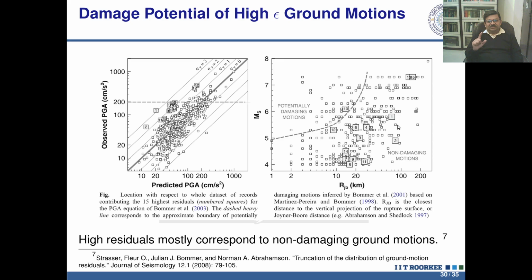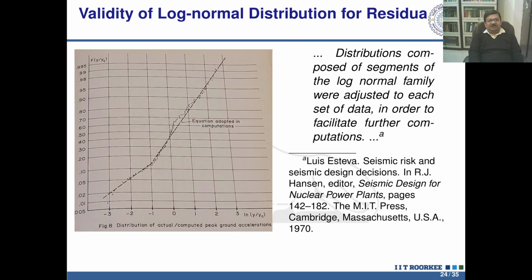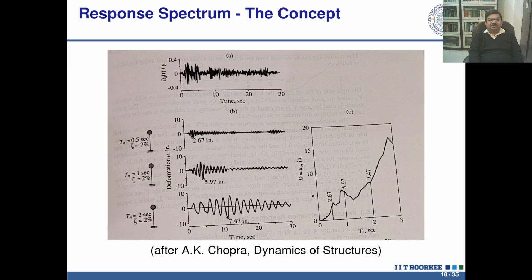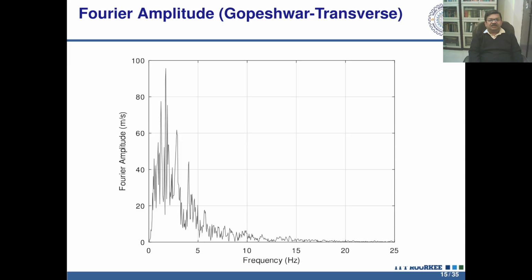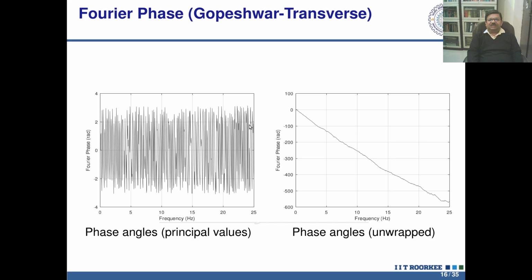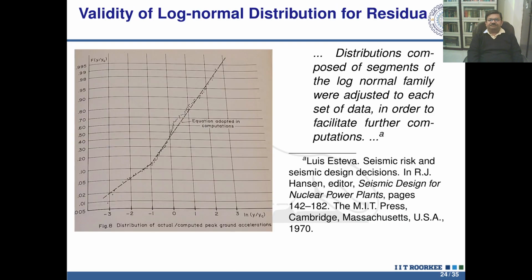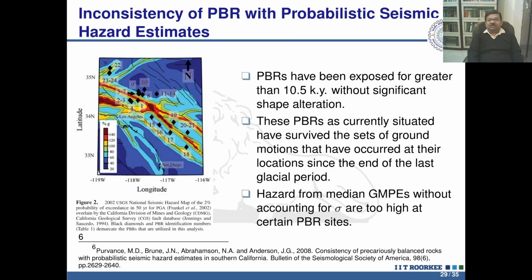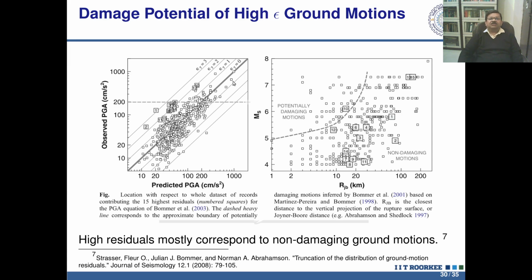Please correlate this with my earlier comment about the Stone Canyon earthquake event. This is a high epsilon point, very high PGA, but this time history itself has no damage potential, a very, very weak motion that cannot damage any structure. Right? So this is what is coming from high epsilon points.